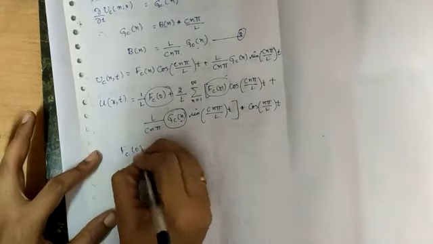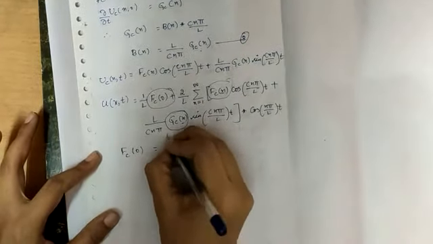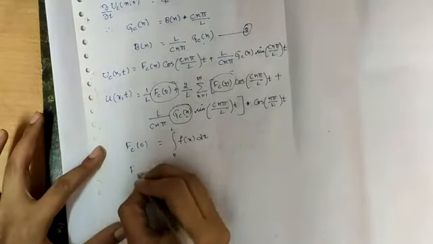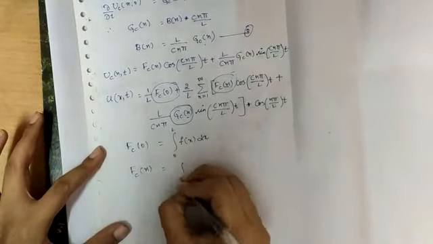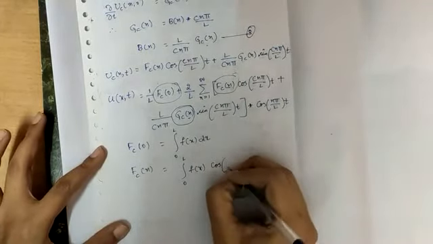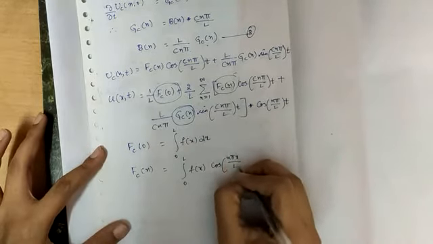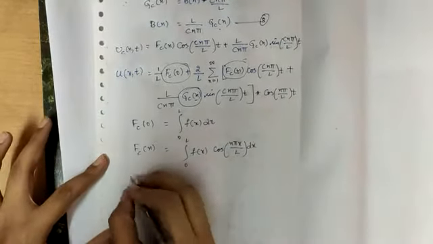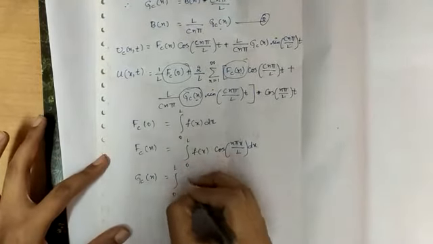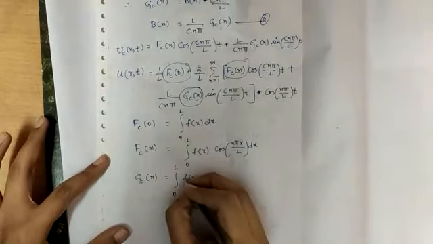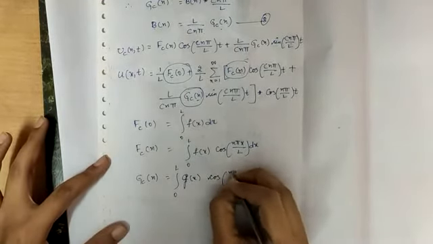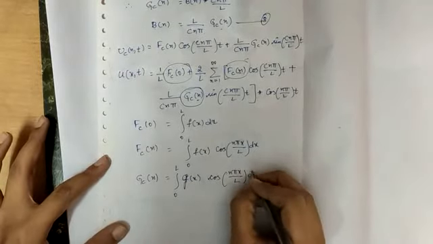Fc of 0 is nothing but the integral over 0 to L of f of x into dx. Fc of n is equal to the integral over 0 to L of f of x into cos of n pi x by L into dx, and gc of n is equal to the integral over 0 to L of g of x into cos n pi x by L into dx.